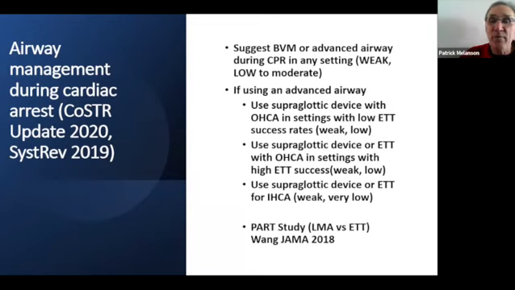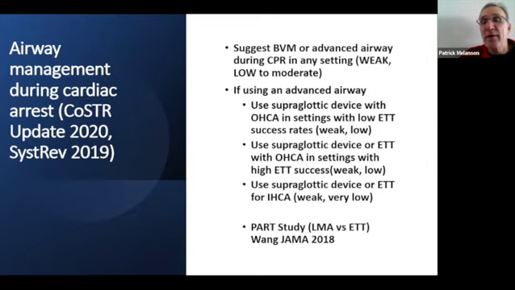And if you happen to be in a system where there are paramedics that do have more exposure and have demonstrated high endotracheal tube success, then they could consider an endotracheal tube. So that's where you're at for it.